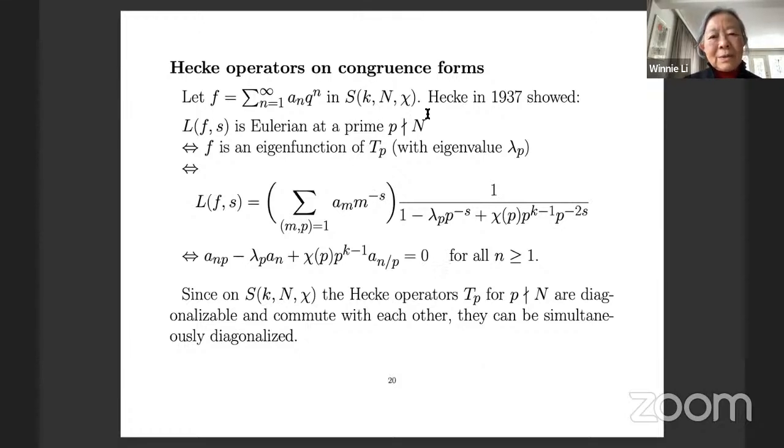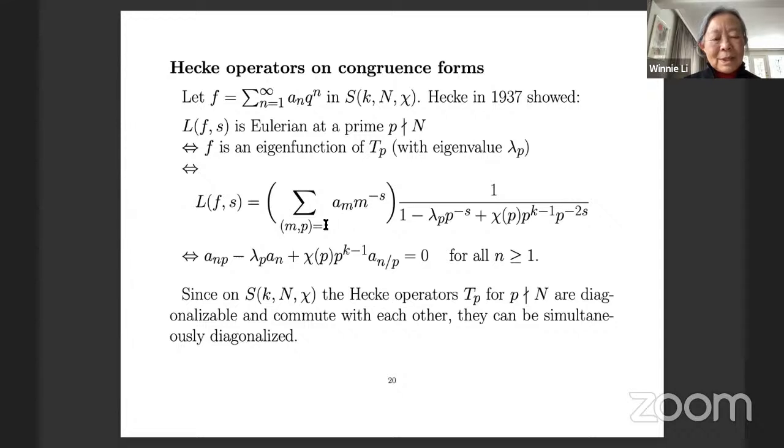On the congruence forms, if we look at the space S_k(n, chi), Hecke showed that a form being Eulerian at the prime p not dividing n is equivalent to this f being an eigenfunction for the Hecke operator. And as an eigenfunction it has an eigenvalue, called lambda p.